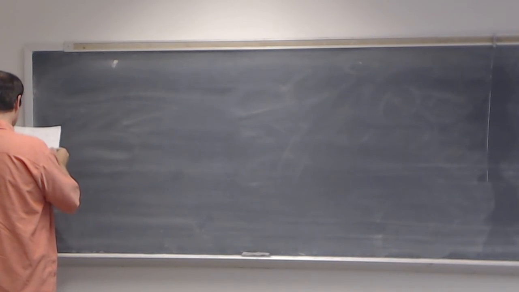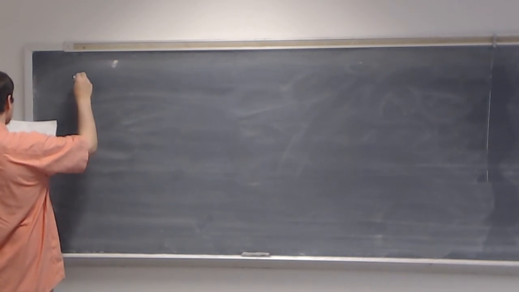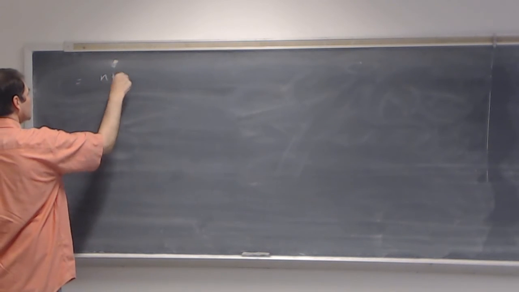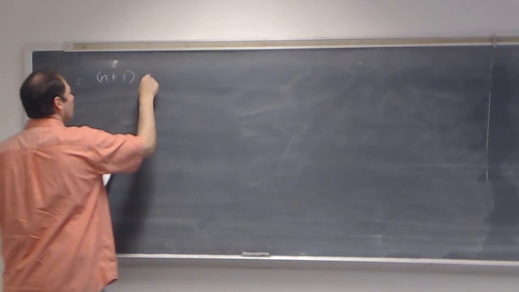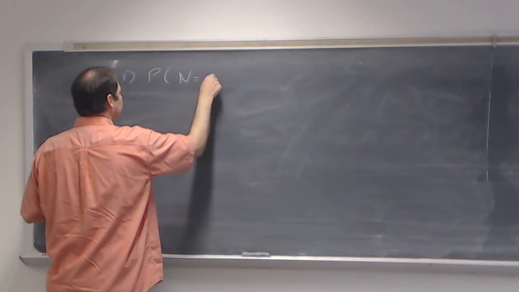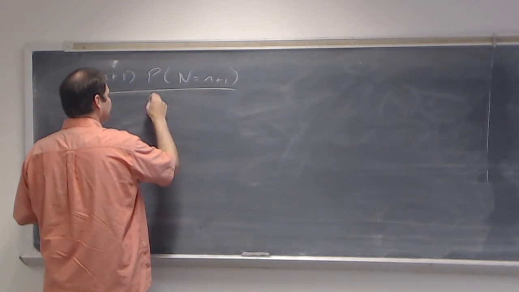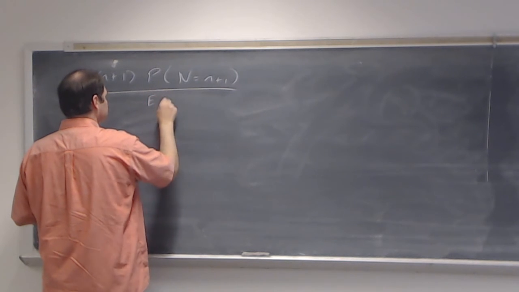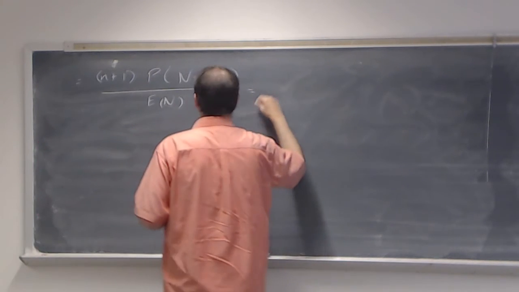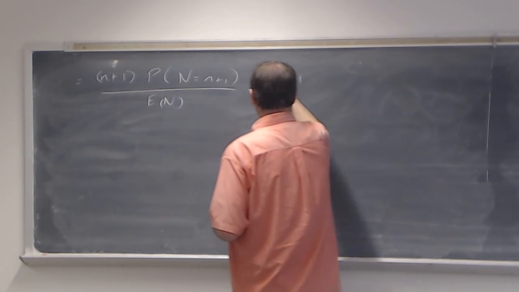So that's equal to n plus 1 times the probability that N is equal to n plus 1 over the expected value of N.